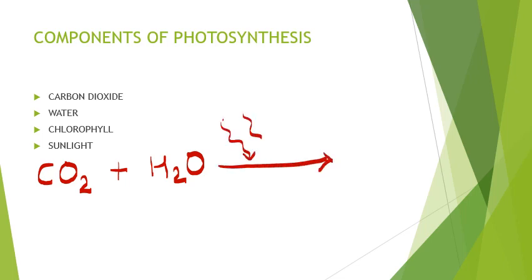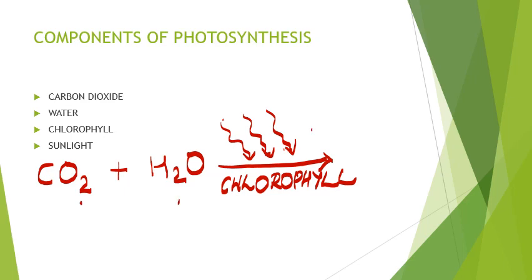Sunlight. And do you remember the green pigment? Chlorophyll. So what should be the components of photosynthesis? Carbon dioxide, water, sunlight and chlorophyll.